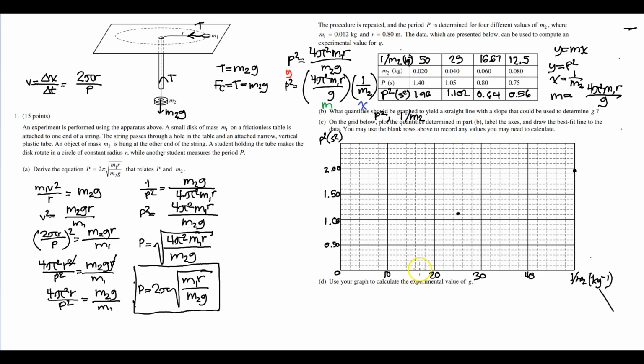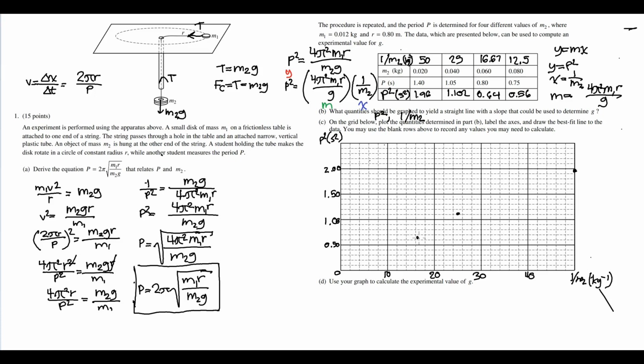That's three-fifths right here. Then 6.67 and 0.64, so about here. Trying to preserve accuracy. And we have 1 over m2 of 12.5 and 0.56.